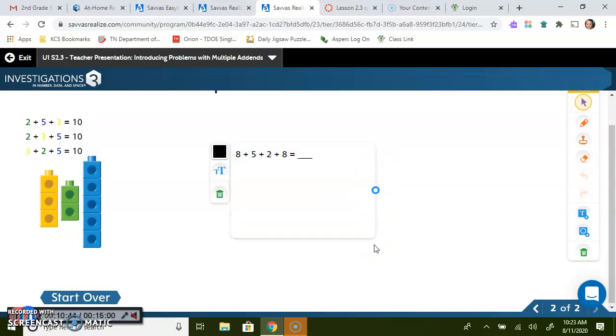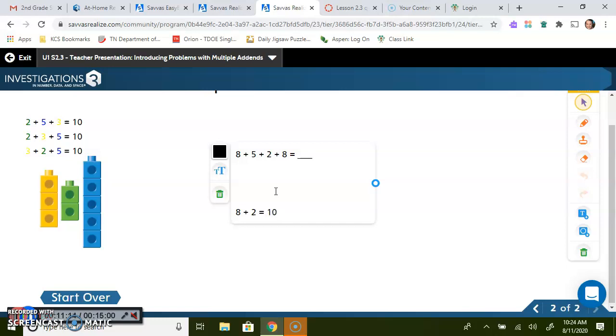Now I want you thinking about our addition strategies. How might you solve 8 plus 5 plus 2 plus 8? Okay, you may start with 8 plus 2. Why do you think that someone would start with 8 plus 2? Because they're not next to each other in that order in this equation. Right, because we know that 8 plus 2 equals 10.